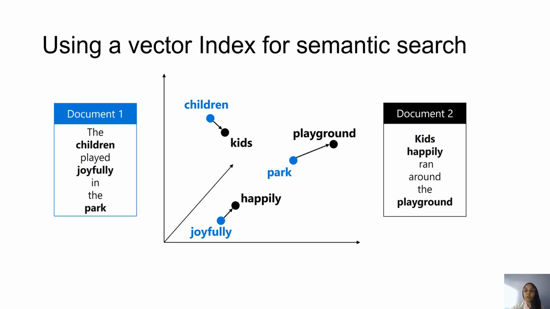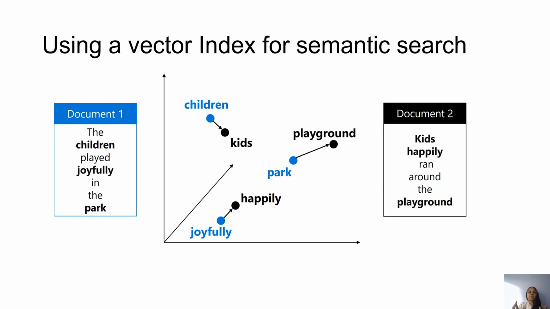Here what we are seeing is a sentence like, children played joyfully in the park, and another document called, kids happily ran around in the playground. These are two sentences.